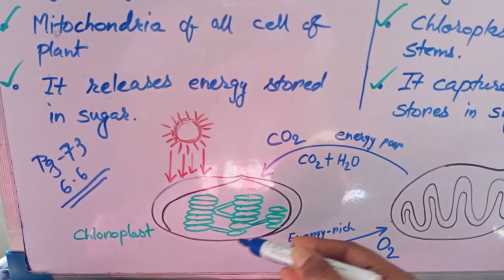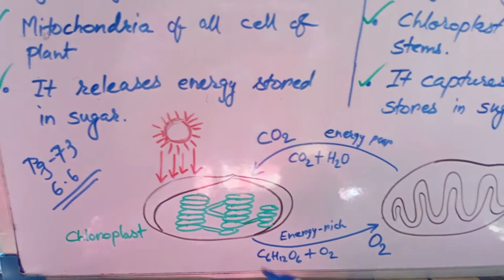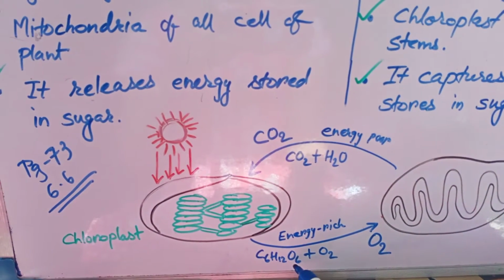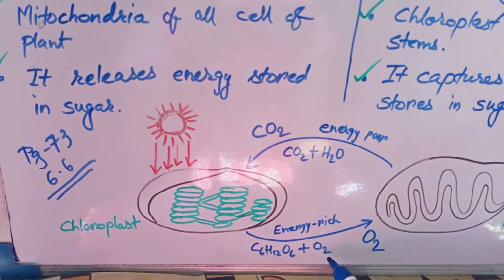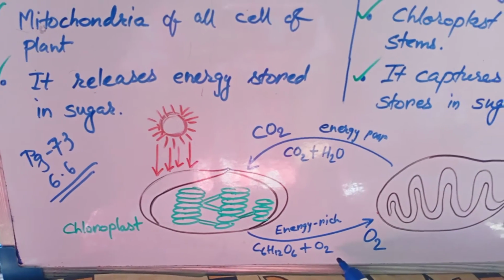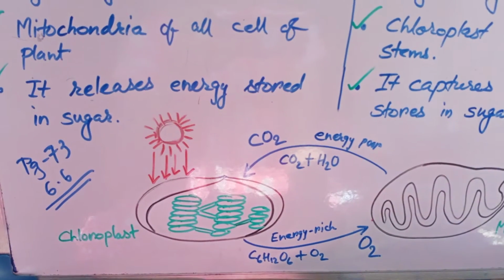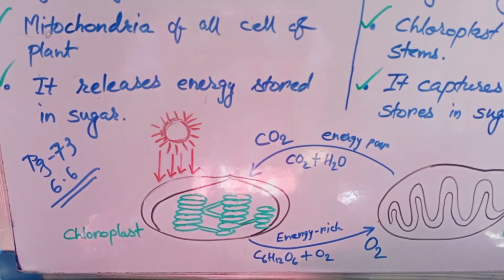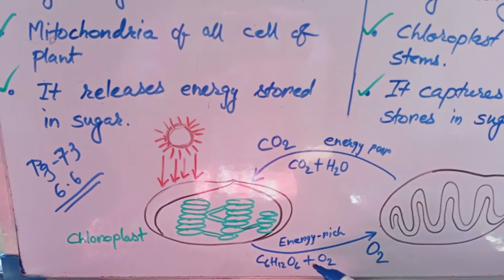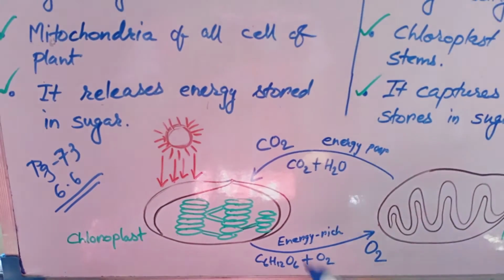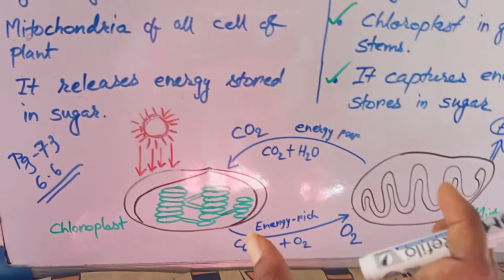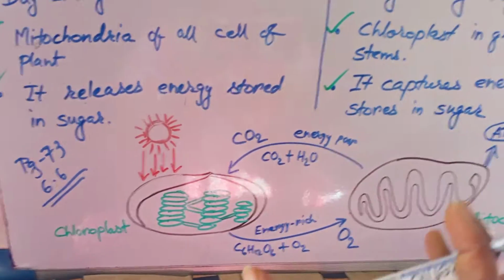During this process of photosynthesis, carbohydrate and oxygen are released as byproducts. This carbohydrate is an energy rich substance, right? I am talking about this process only during the daytime.